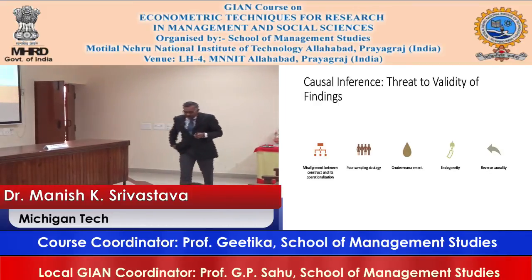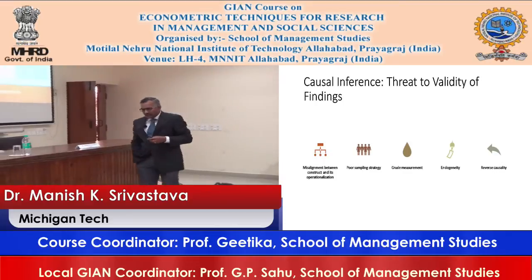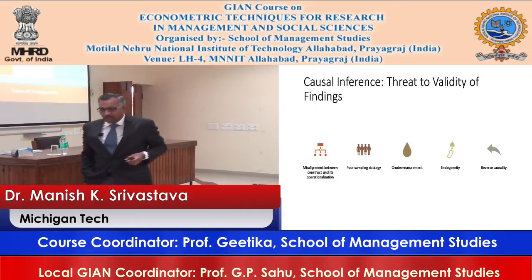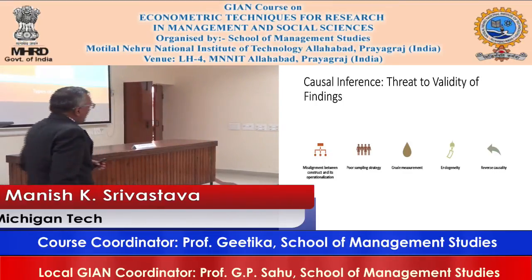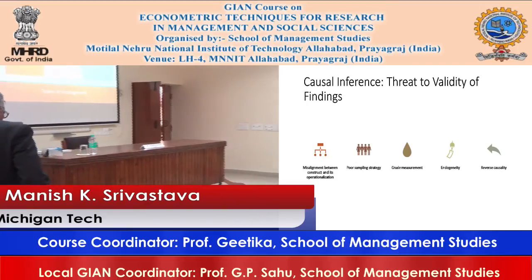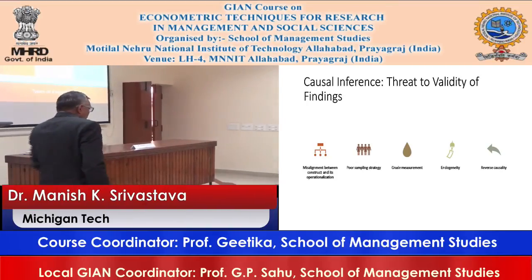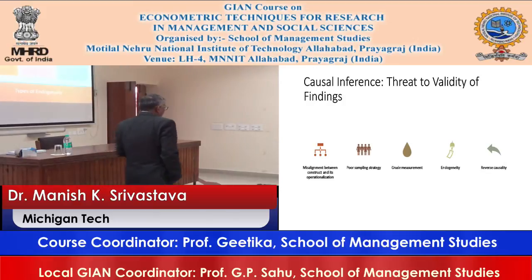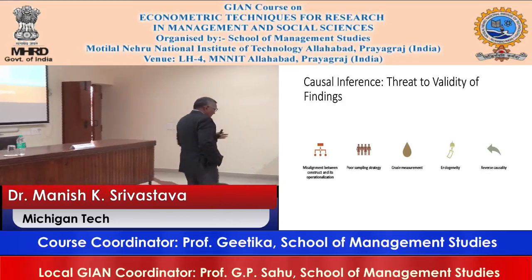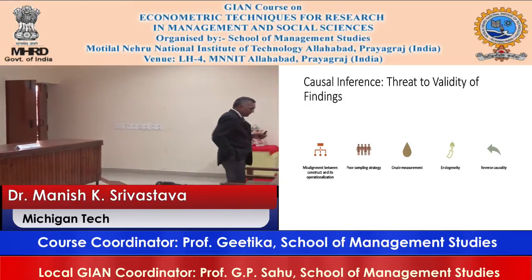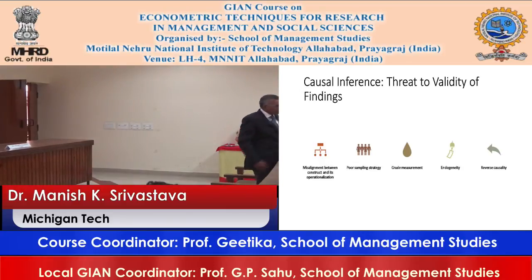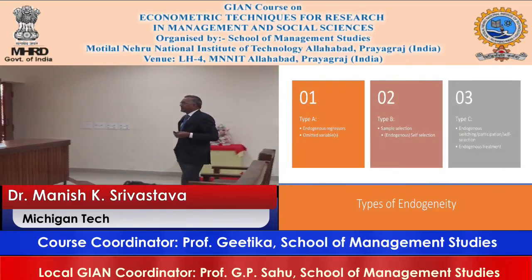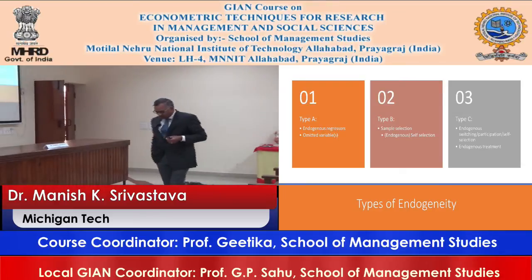So if you think about what we call endogeneity, I will tell you that there are three different types of endogeneity. People will refer to them as in the same box without understanding the differences between those different types.